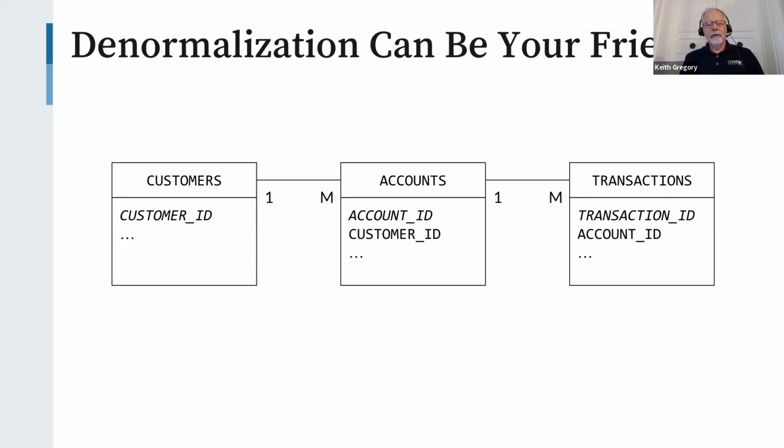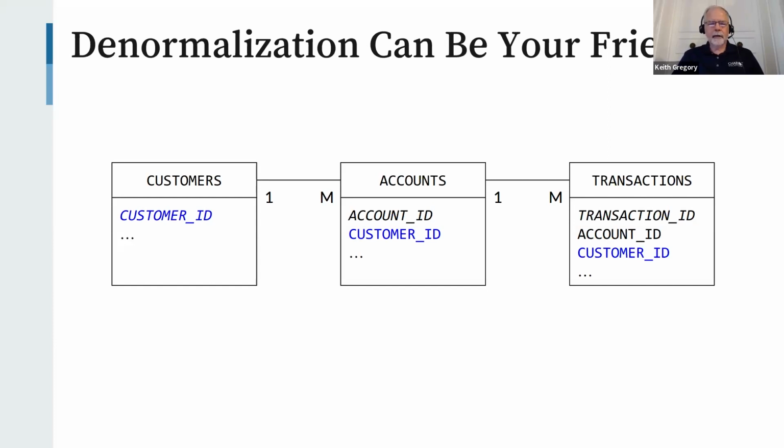Where denormalization is often very useful is with Redshift, propagating a distribution key. So here we have our logical design, but if we know that we're going to be joining these tables all the time, we might want to distribute them on customer ID. And to make that work, we could have our ETL or ELT pipeline add a customer ID to the transactions table.